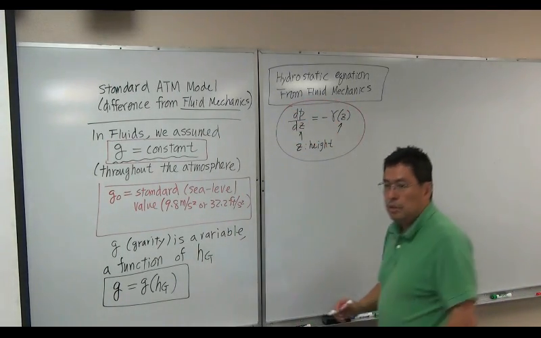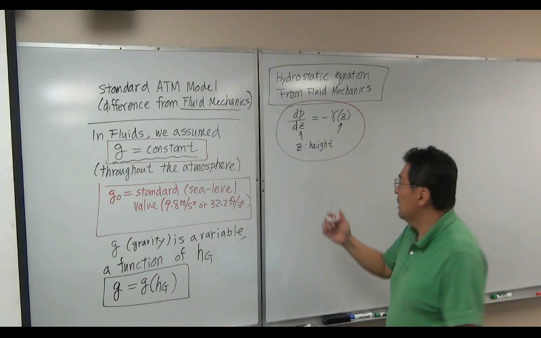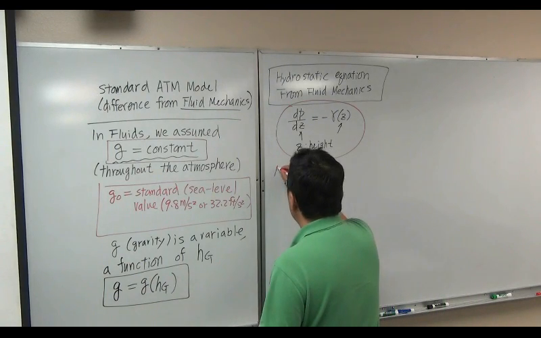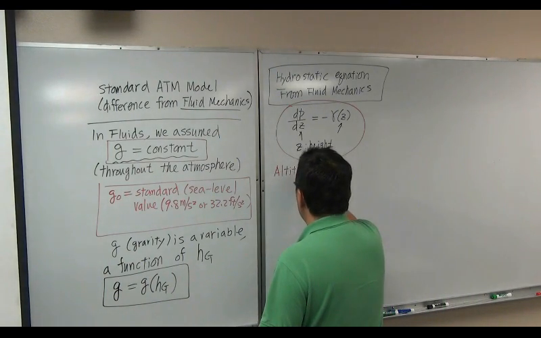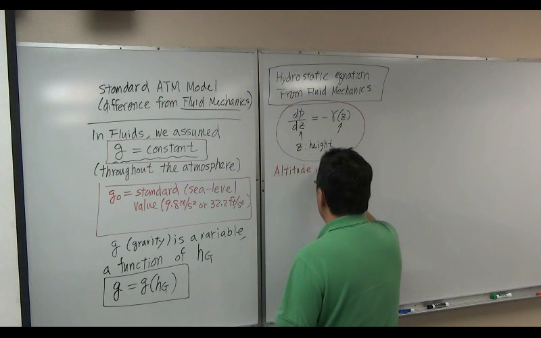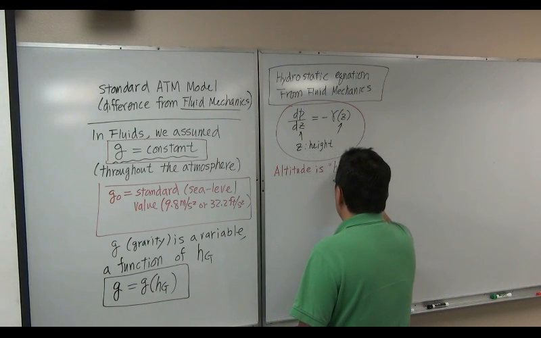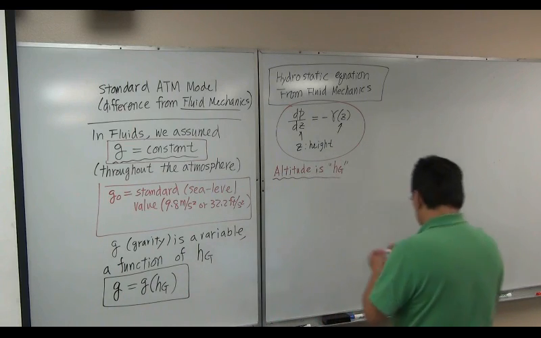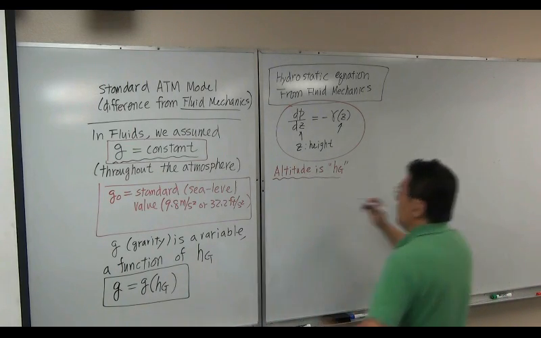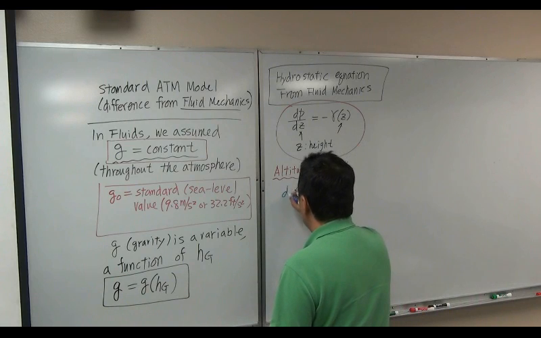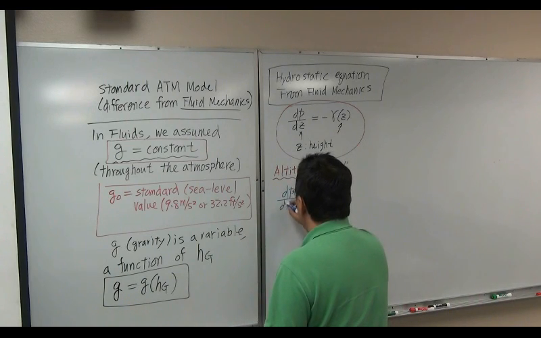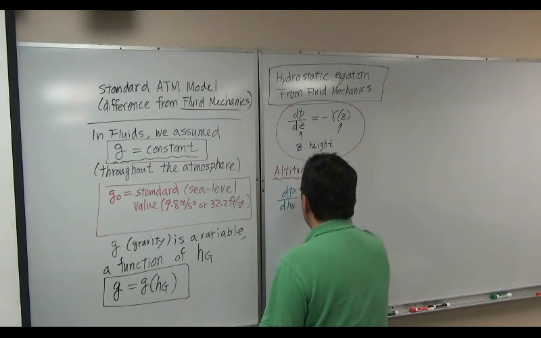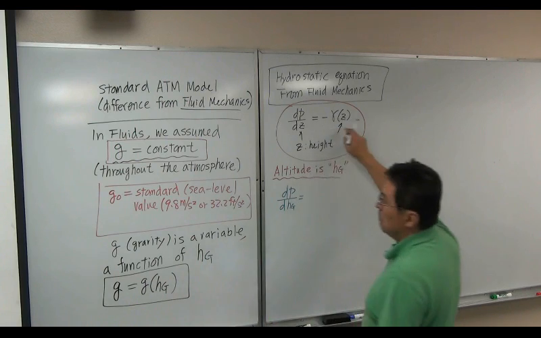I don't want you to be confused, but in aerodynamics, we are going to use altitude hg. So let's just use hg and rewrite the same equation. So this really means that dp/dhg is equal to, gamma is rho times g, isn't it?